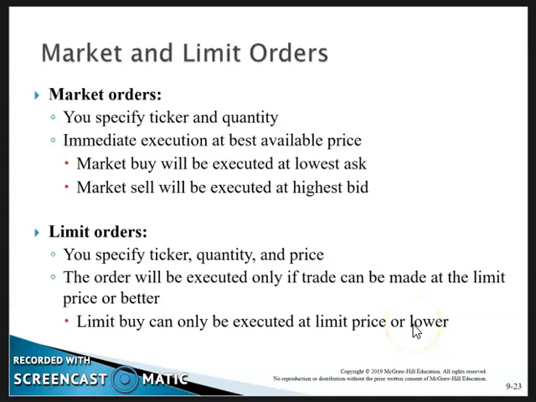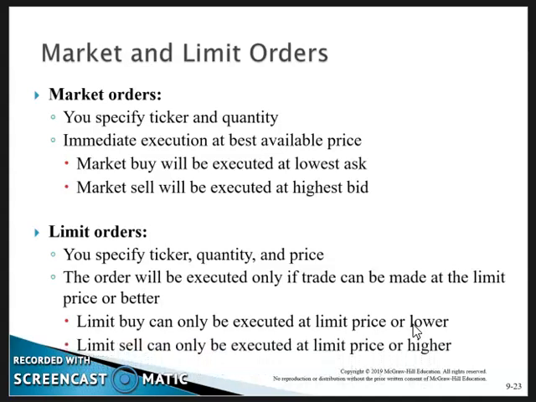If you put in a limit buy for a stock at $80 per share, it will only be executed at 80 or lower. On the other side, if you put a limit sell order in at 80, it could only be executed at the limit price or higher.